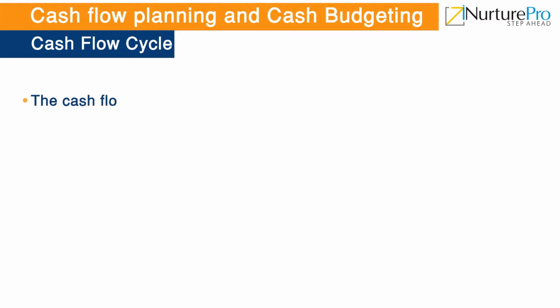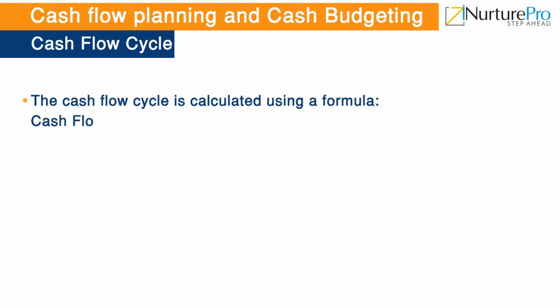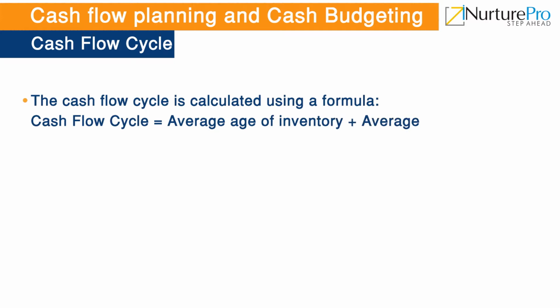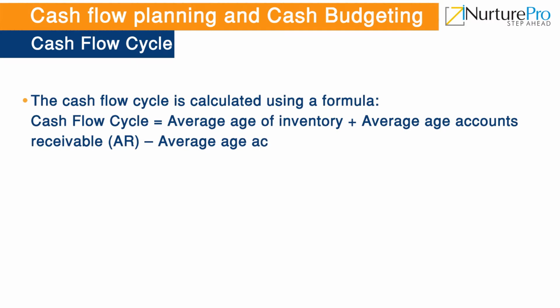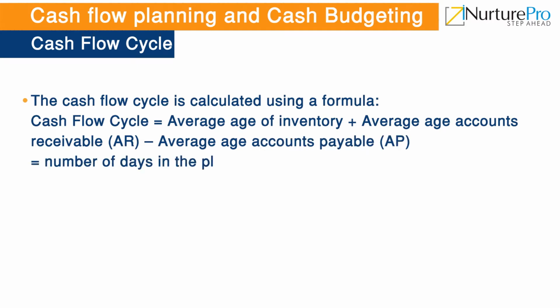The cash flow cycle is calculated using a formula. Cash flow cycle is equal to average age of inventory plus average age accounts receivable or AR minus average age accounts payable or AP is equal to number of days in the planning period.